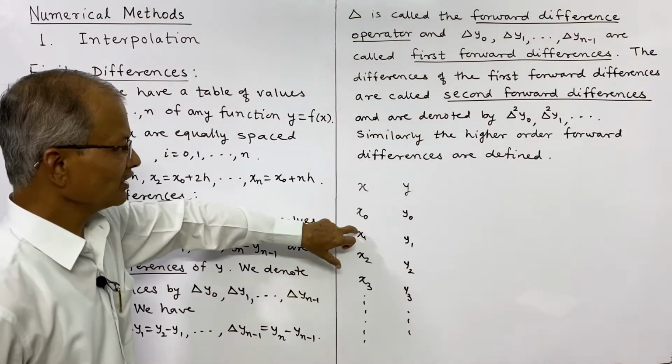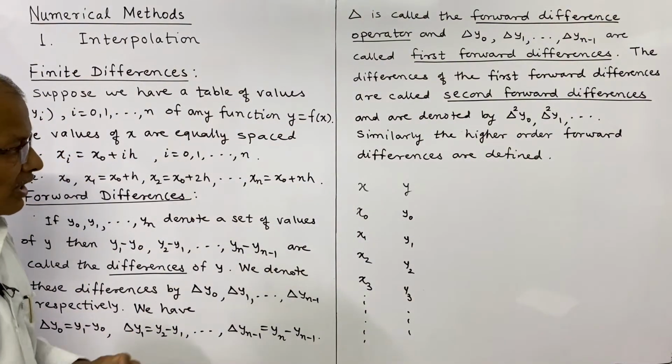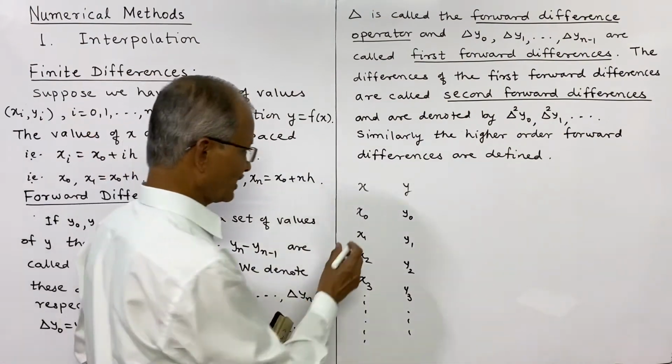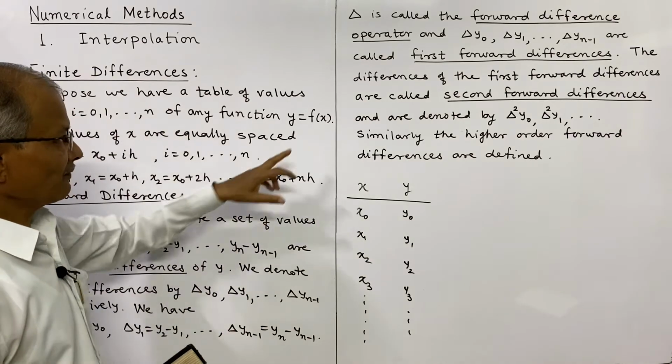The relation between y and x is a function, y is equal to f of x. But if we don't know the exact function, then we have to estimate such a function.